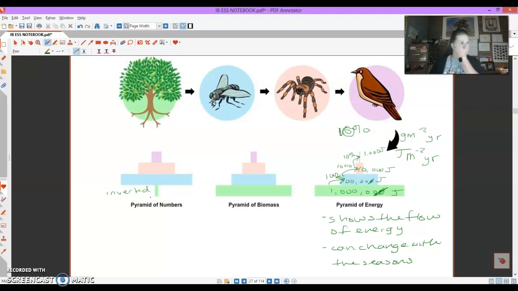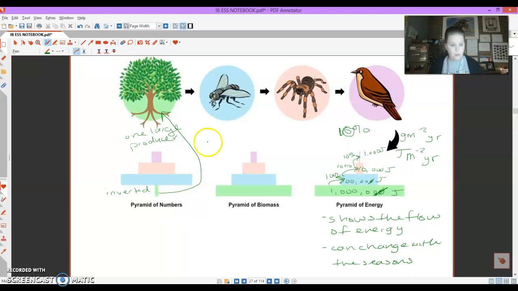Well, yes, and in this case there still is. But there is one extremely large producer. So it could be a very large tree, and that is what is supporting the food chain itself. Okay? So this means that there is one large producer, but it has enough resources to keep the food chain stable.